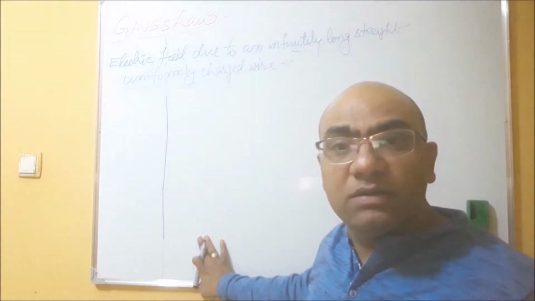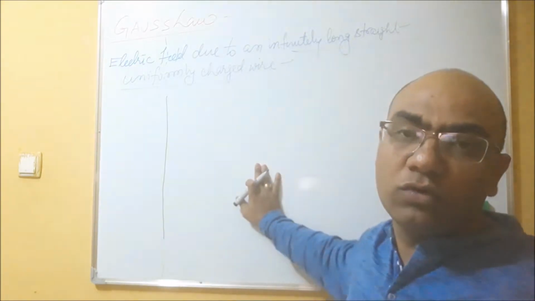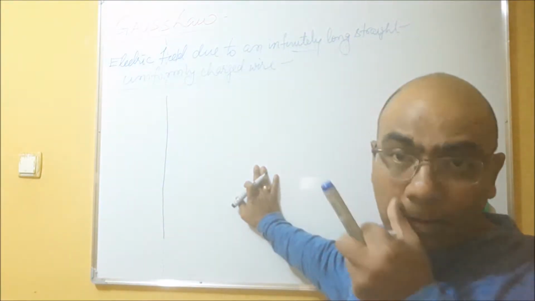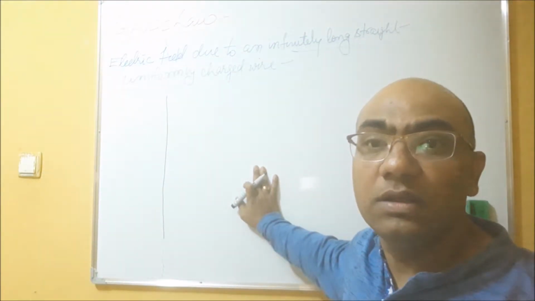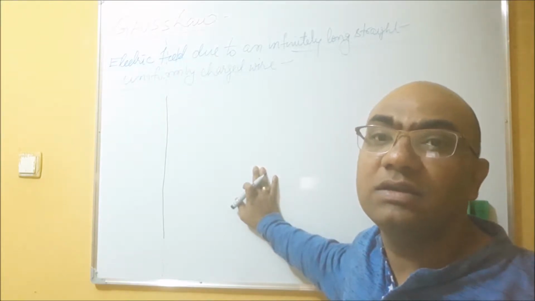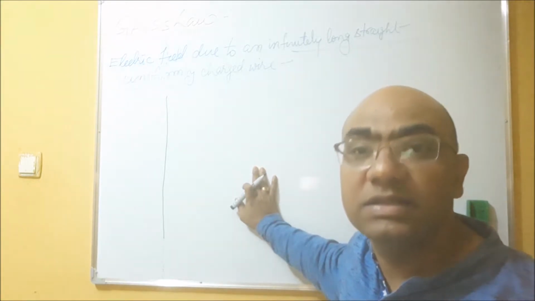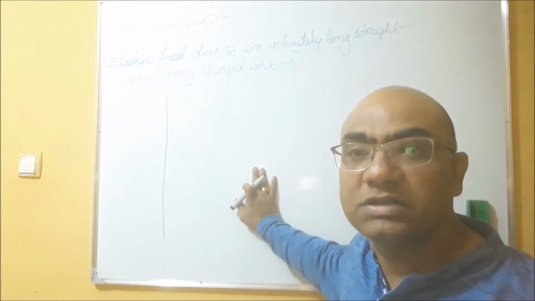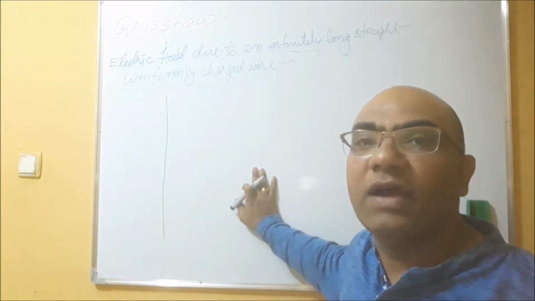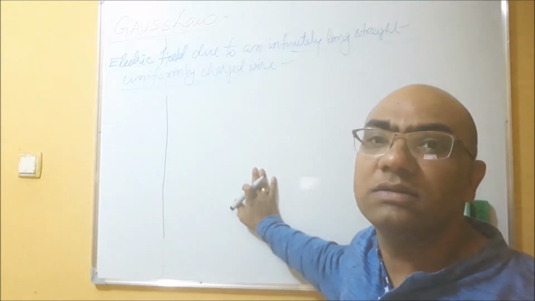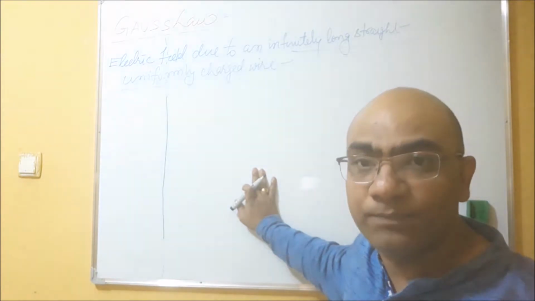So for a linearly charged wire, according to our previous discussion, we define the linear charge density. What is linear charge density? We denote it with the symbol sigma, right?